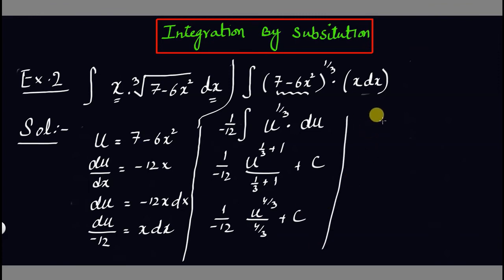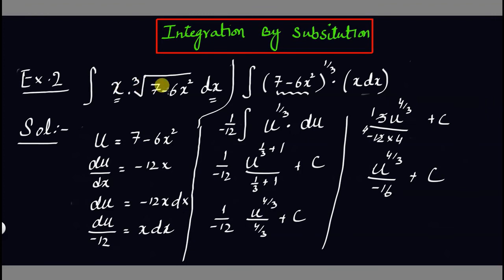Then further you will get 3u raised to power 4 by 3 plus c divided by minus 12 into 4, and by simplification, 3 4s are 12, so you will get u raised to power 4 by 3 divided by minus 16. Now this is your final result, but keep in mind the final answer should be in the same variable as given in the question.